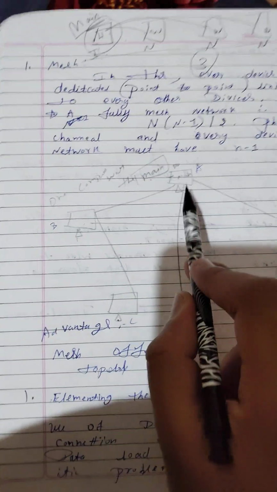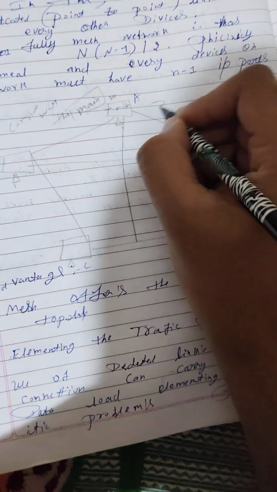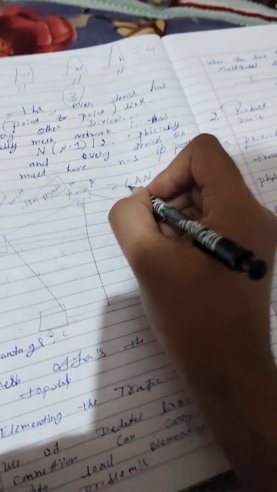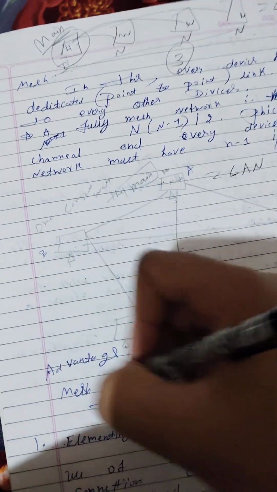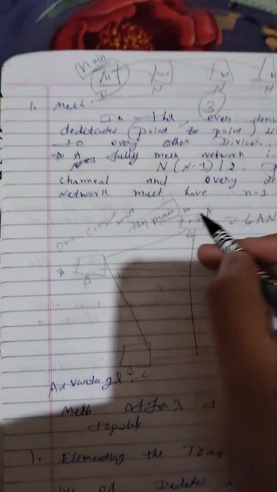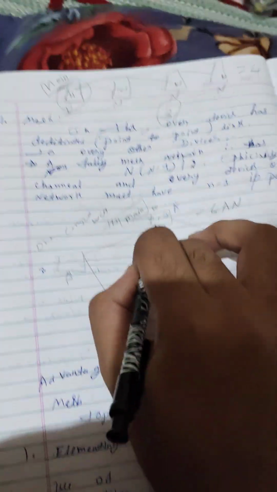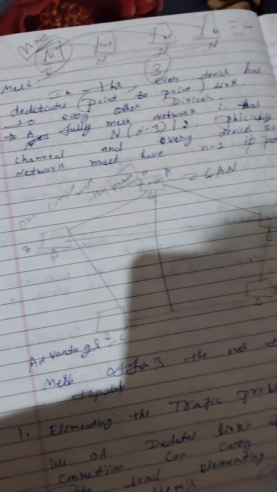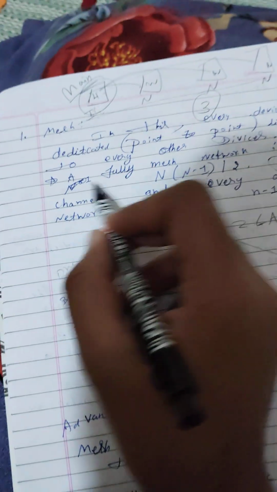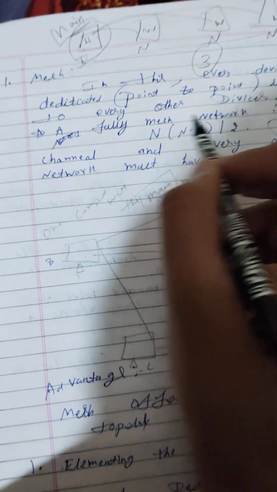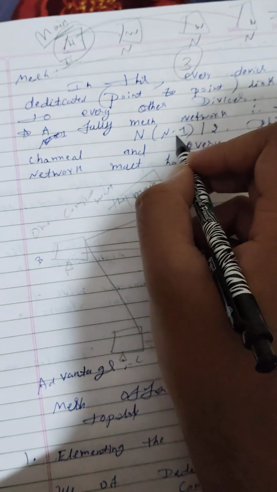Like that, one computer will be 100% connected with the LAN, and from this LAN it will share everything. We can say this is the administrator of the computer, having full power. So let's read this: a full mesh network that is n minus 1.